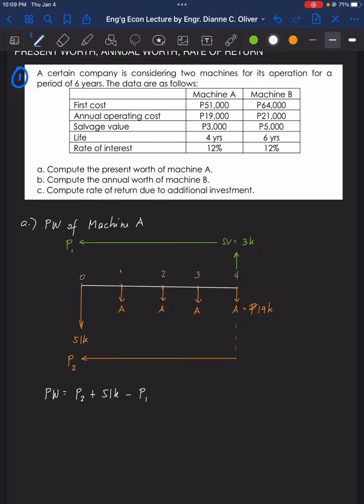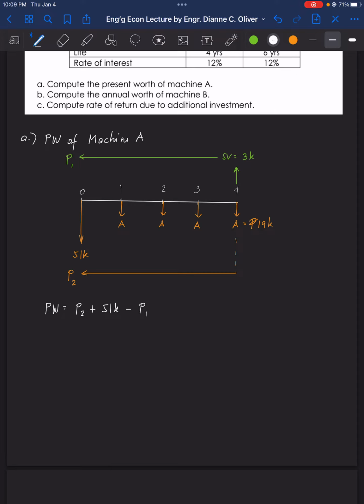Let's solve first. Here we will use the present worth of annuity, and here we will use the compound interest formula. So since we are solving for present worth, we will exclude here the depreciation.